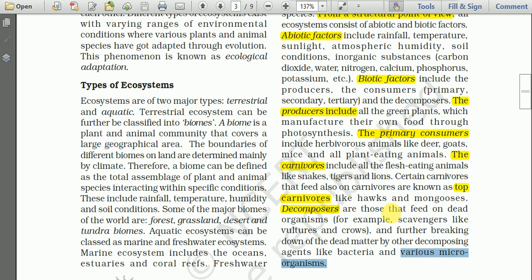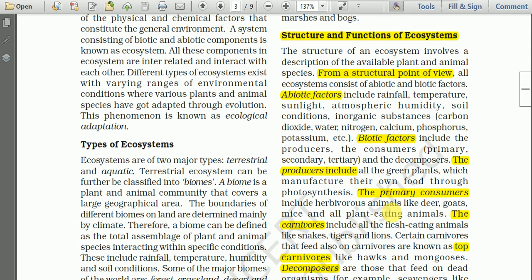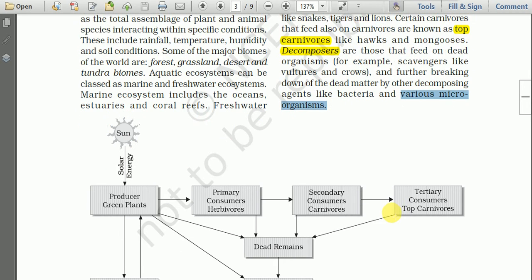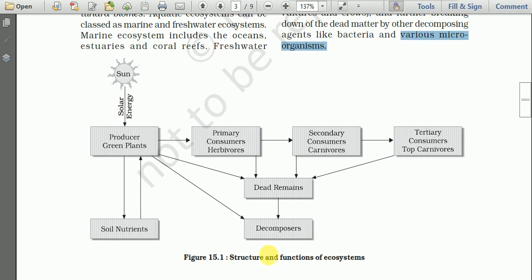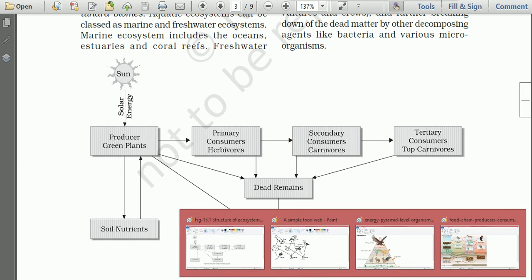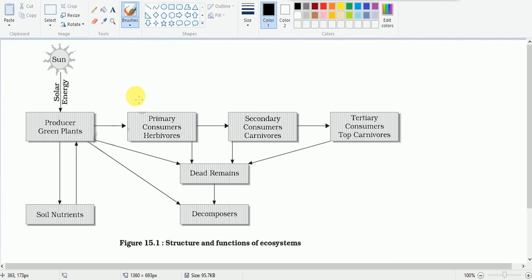So this is about the structure and the functions of an ecosystem. Let me continue. We have a diagram here depicting the structure and the functions of an ecosystem. Let us see here. The sun is the ultimate source of energy.